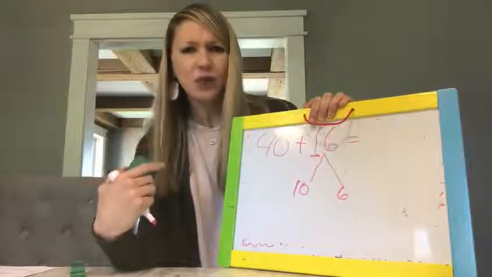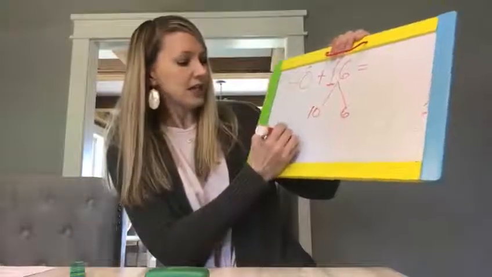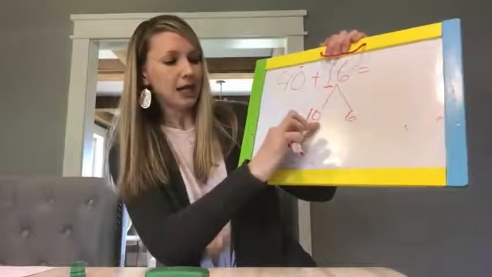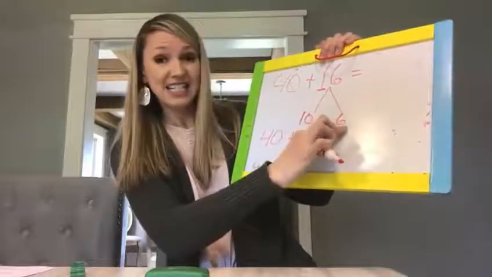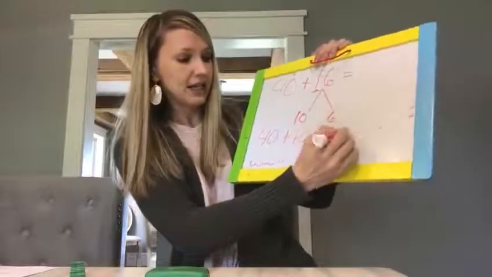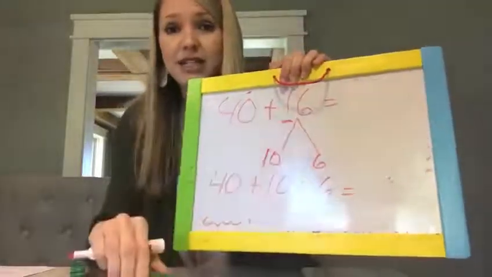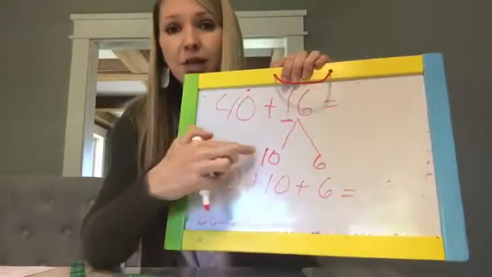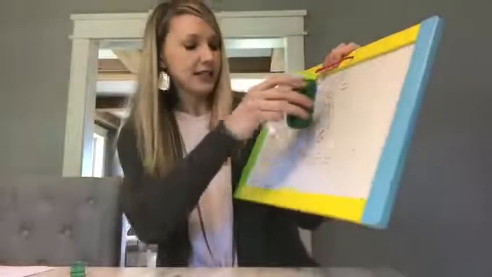So now I'm going to rewrite my problem because it looks different now. So now I'm going to say 40 plus 10 plus 6 equals. Now that's the same exact thing. All I did was break that 16 apart, and I put a 10 plus 6 because that'll give us 16.